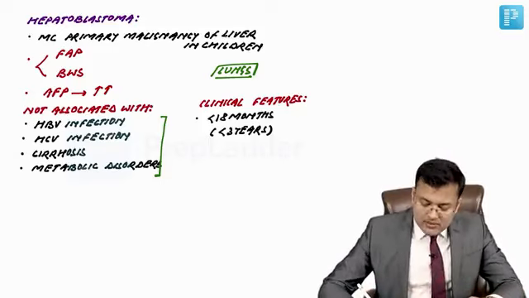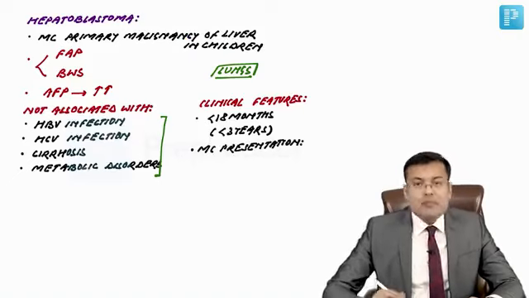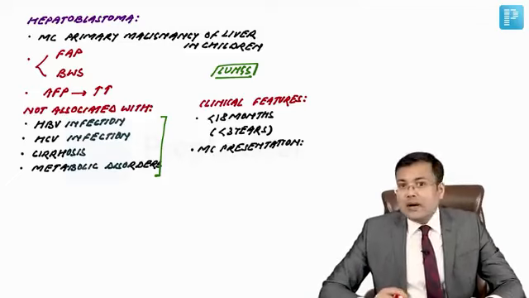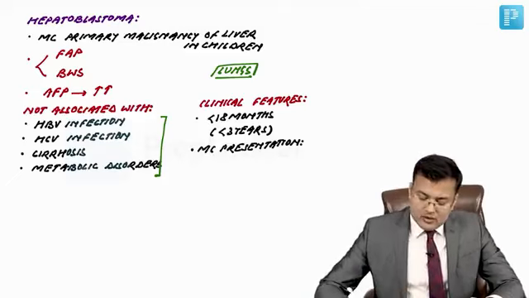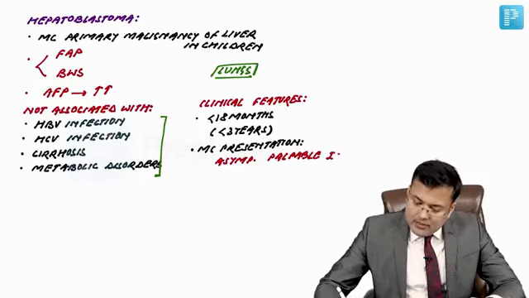So the most common presentation is an asymptomatic, palpable, intra-abdominal mass, and that is hepatomegaly.